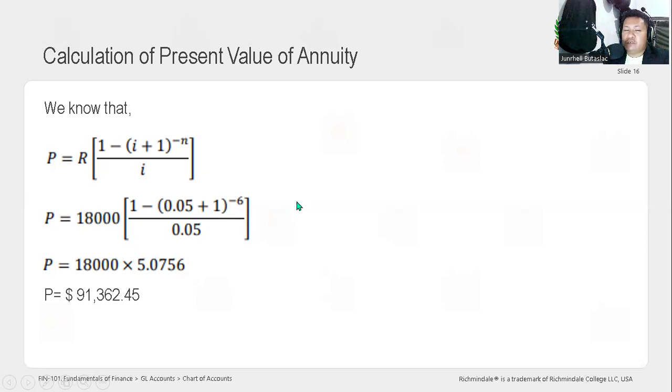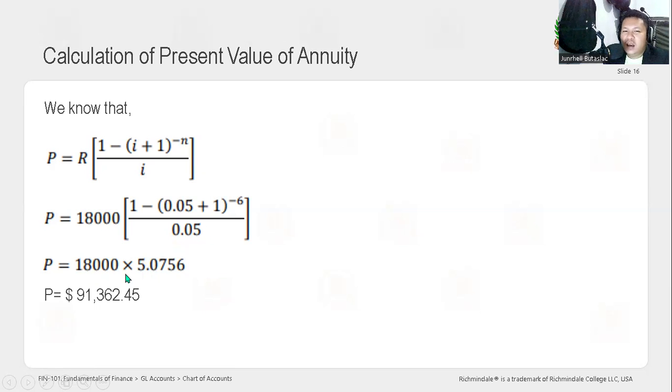Even if you use an ordinary calculator, sometimes the answer is not accurate, so make sure to use your scientific calculator. We're in engineering here, so we have to use our scientific calculator. But if you know how to solve this manually, then you can do it.